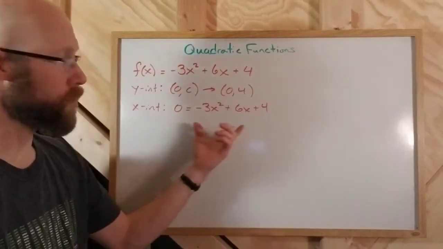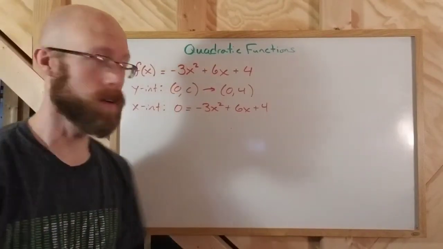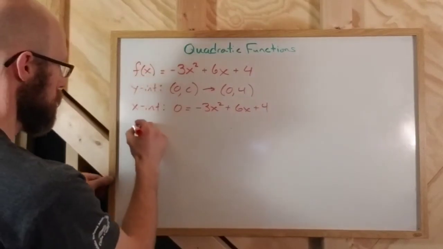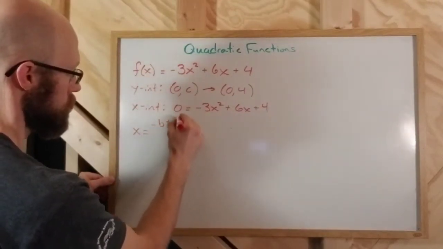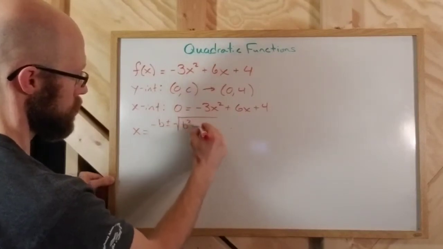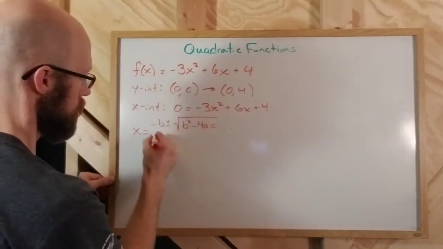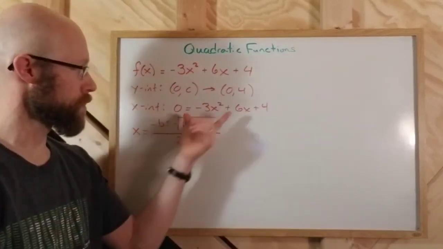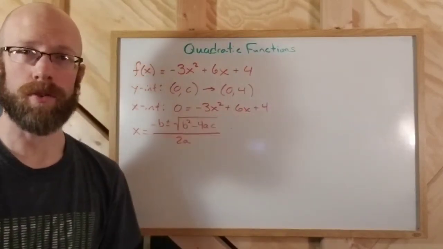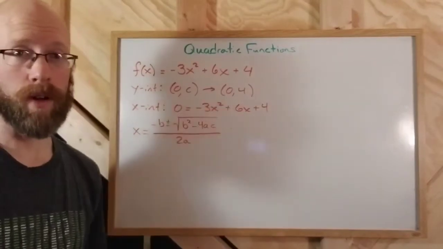I'm going to go ahead and use the quadratic formula on this one. x equals negative b plus or minus the square root of b squared minus 4ac, all over 2a. So the quadratic formula will give us the solutions to a standard form quadratic equation.